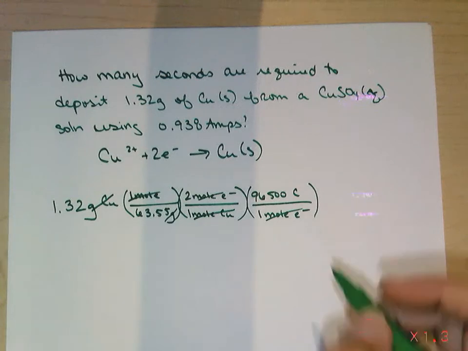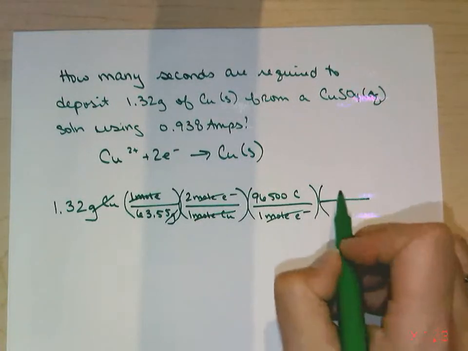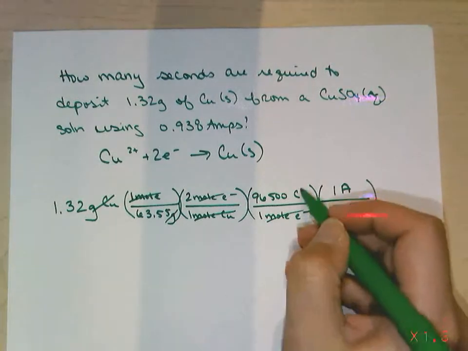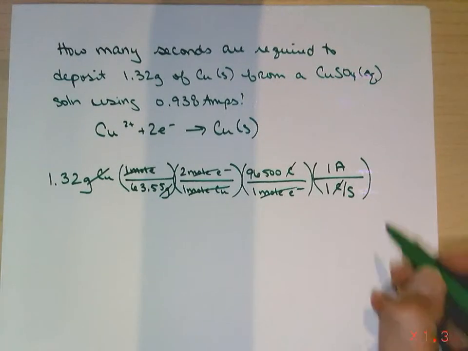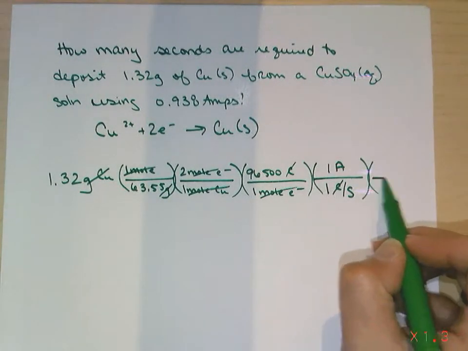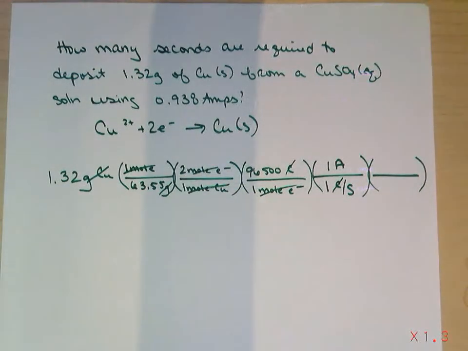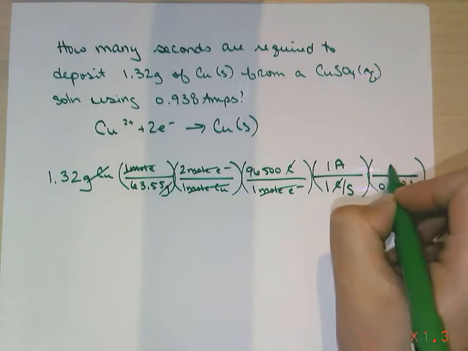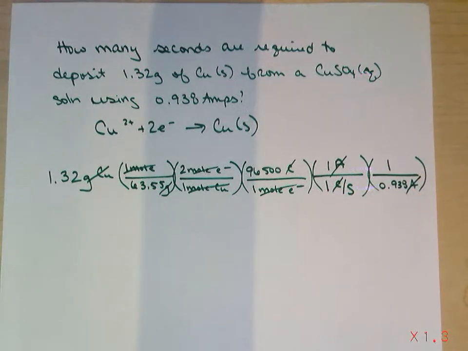Then I have to worry about this amps, right? And we said the other day 1 amp is 1 coulomb per second. So how do I need to use these amps so that the amps cancel out? Put them on the top or on the bottom? What units am I going to be left in? Seconds. Good.